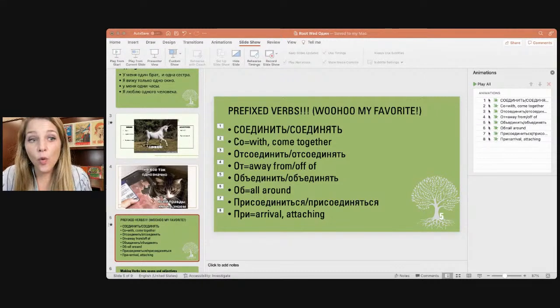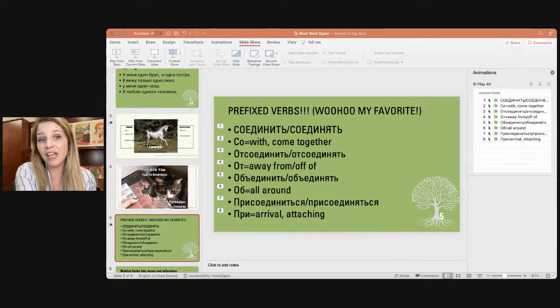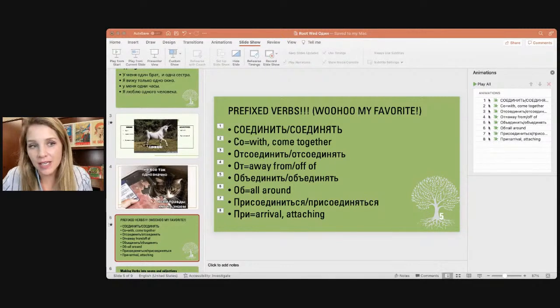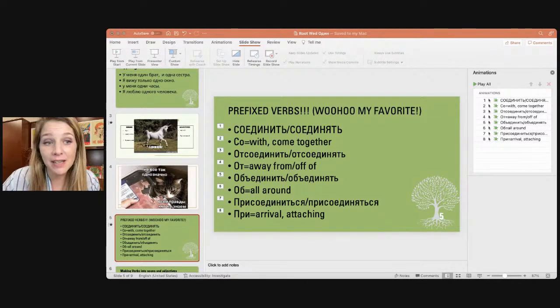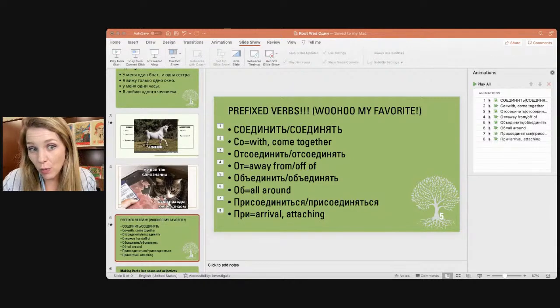Oh, here's a good one. Уединить. У also means away from, leaving, going away from. So this is the word you would use for to seclude. If you wanted to seclude someone, you want to like ostracize someone, you seclude them. So what do you think this word would mean? If this one means to seclude or to like go away and be one, уединение means solitude, seclusion. Так, очень хорошо.